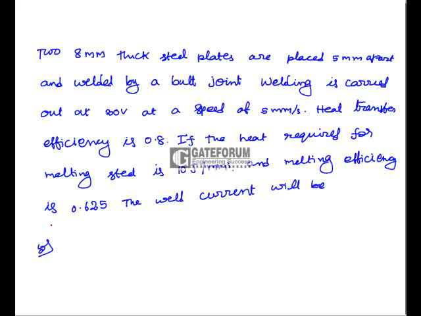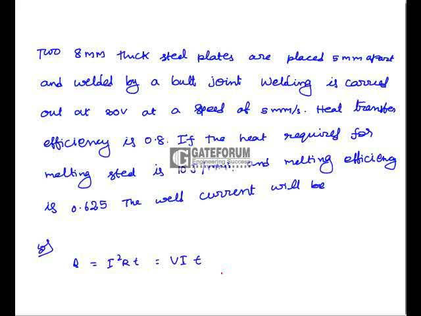Here generally the heat required is given by I square RT or VIT. So here T is the time required for welding, I is the current required, and V is the voltage.